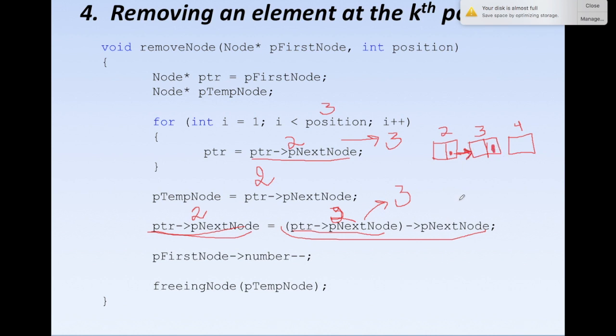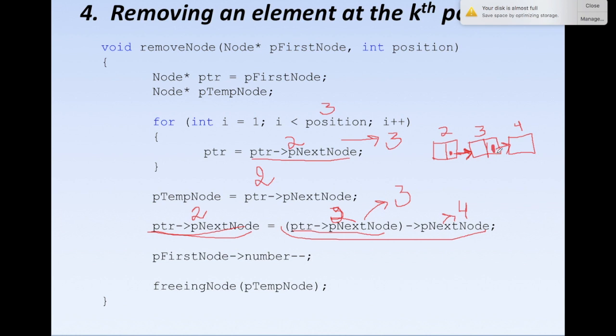So this is the pointer pointing to 4 actually. You see how it is? But this is the pointer to this element. So if I set this pointer to this element's p_next_node, this is this value here, the pointer to 4.